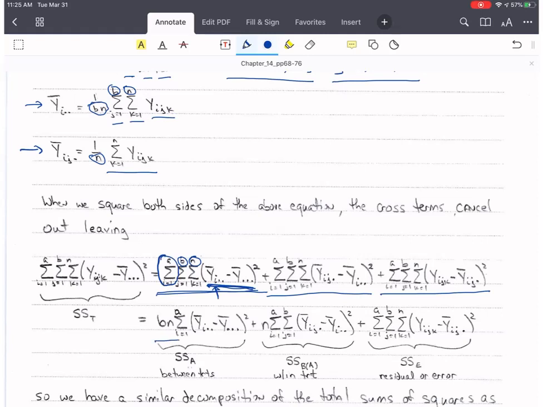So we end up with b times n times the sum of y_i dot dot bar minus y dot dot dot bar, quantity squared. This is going to be our sum of squares for factor A, and it's also known as between the treatments. Another word for between that's used a lot is among.